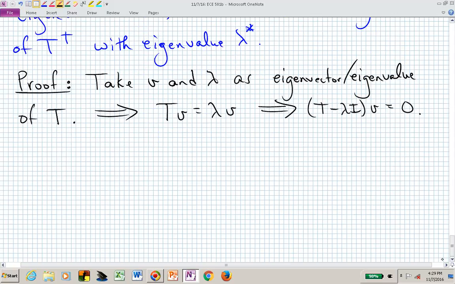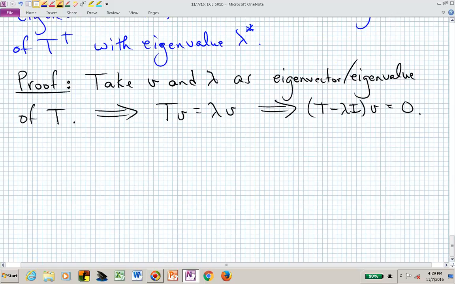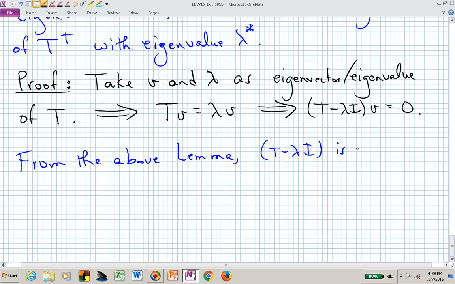And now we know something about T minus lambda I. In this particular corollary, we're assuming that T is normal. And if T is normal, we know that the operator T minus lambda I is normal from the above lemma, since we've assumed T was normal.